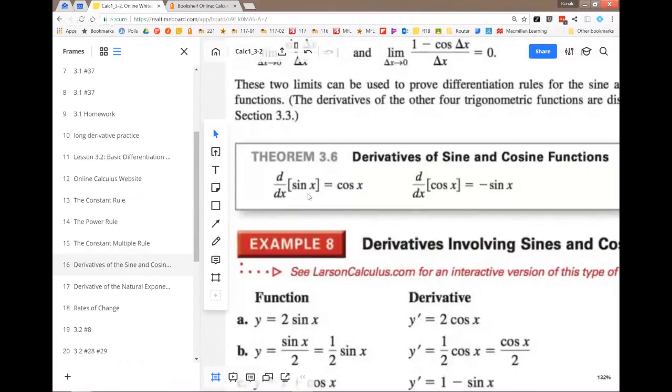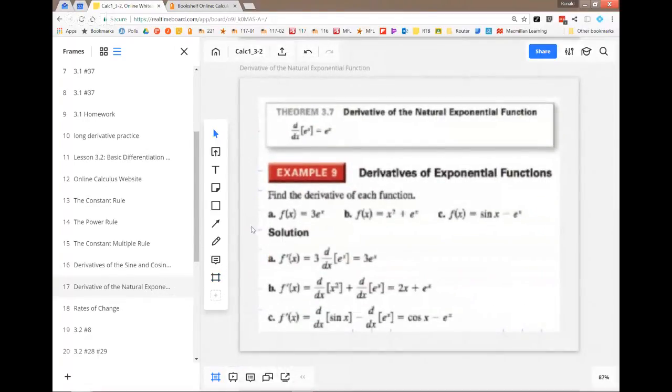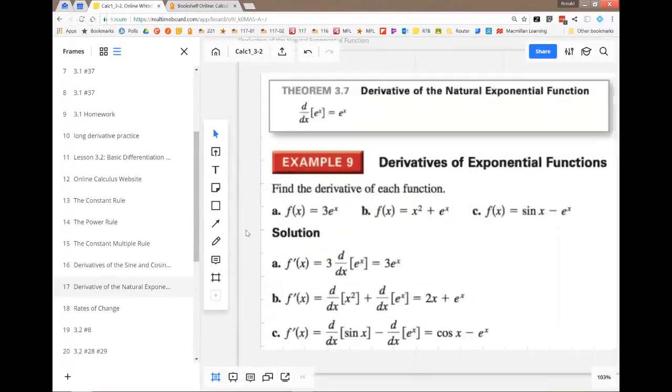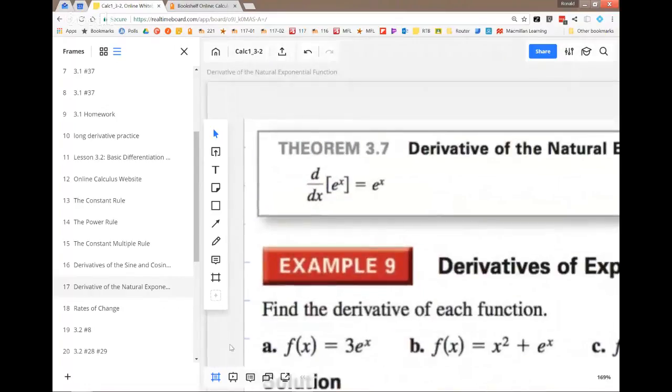The derivative of the sine is the cosine, and the derivative of the cosine is minus the sine. Memory work for you. We're going to learn other trig functions later, but right now that's as far as we're going to go. And then the derivative of the exponential function e to the x is itself, e to the x. Okay.